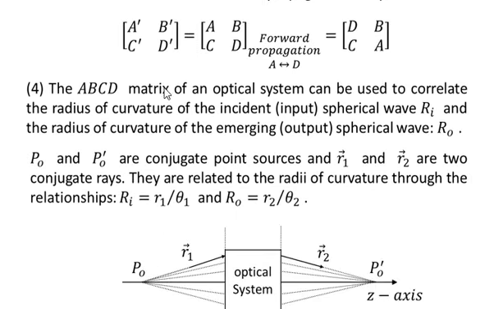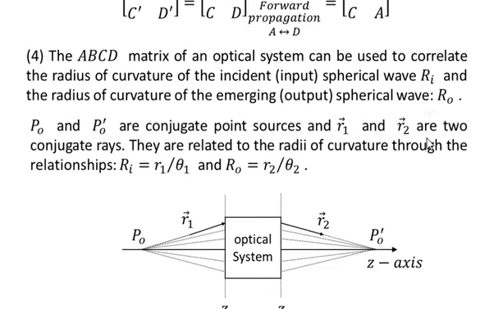The fourth point is that the ABCD matrix of an optical system can be used to correlate the radius of curvature of the incident input spherical wave, Ri, and the radius of curvature of the emerging output spherical wave, R0. So let me read again. The ABCD matrix of an optical system can be used to correlate the radius of curvature.